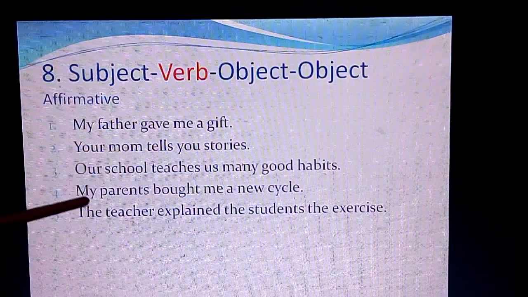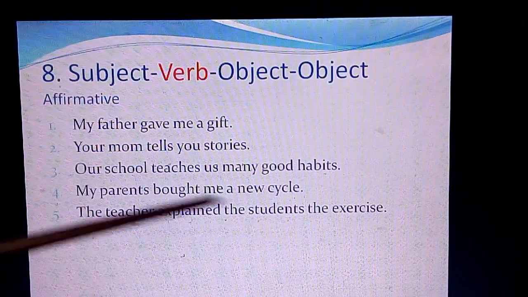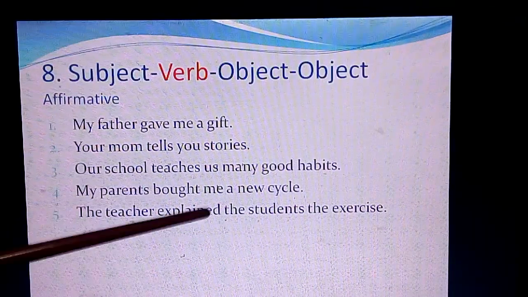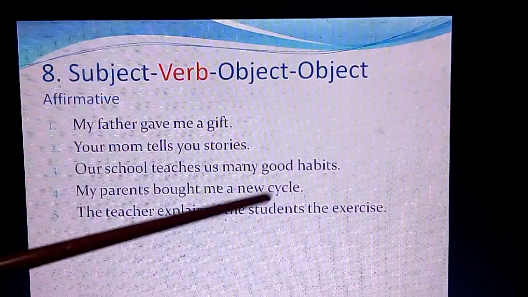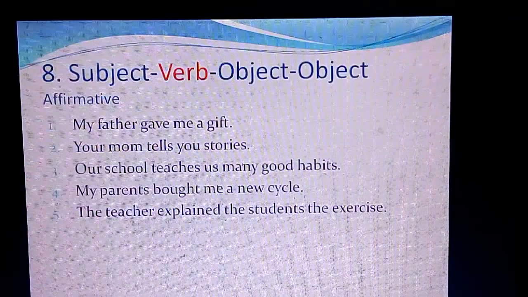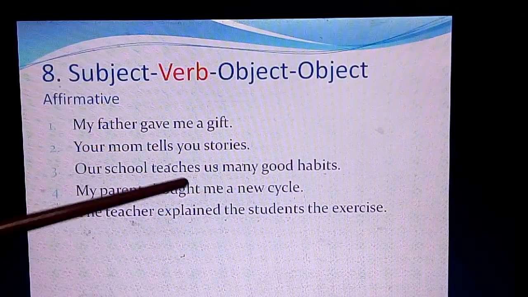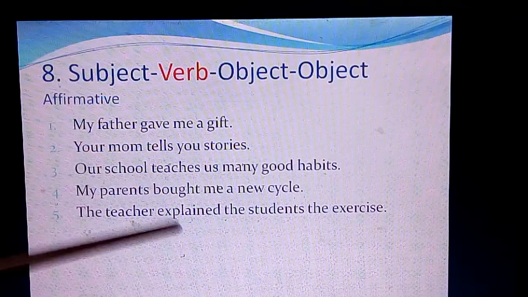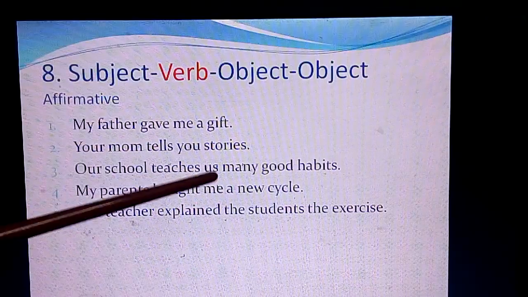So in this manner you can continue. My parents bought me a new cycle. My parents, subject, bought, verb, me, first object, a new cycle, second object. So in this manner you can practice and make sentences in the beginning with these verbs, then you can use the verb of your choice.